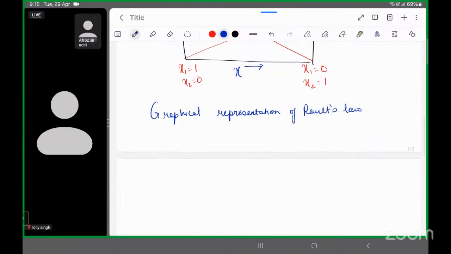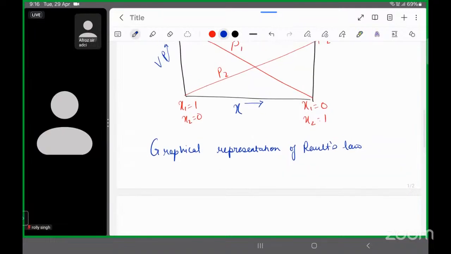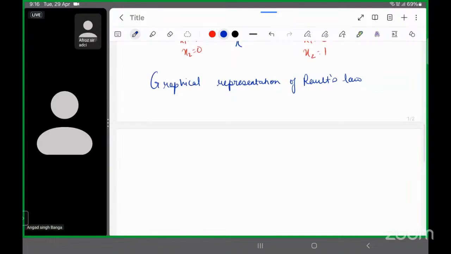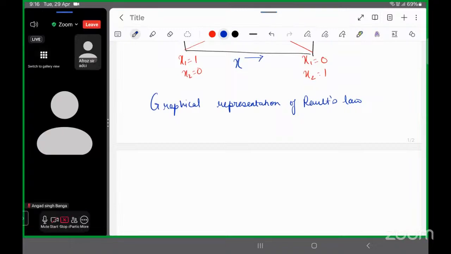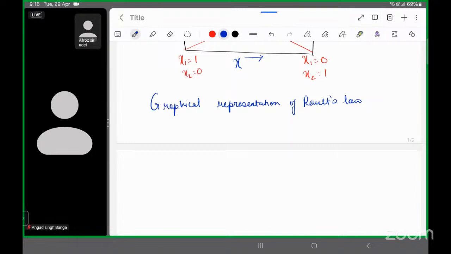Are you having any doubt here, or should we proceed? Yes, ma'am, no doubt. Angad Singh, what did you say? Yes, ma'am, no doubt. I'm not getting what you have said. Angad, yes, ma'am, no doubt. Okay, okay.